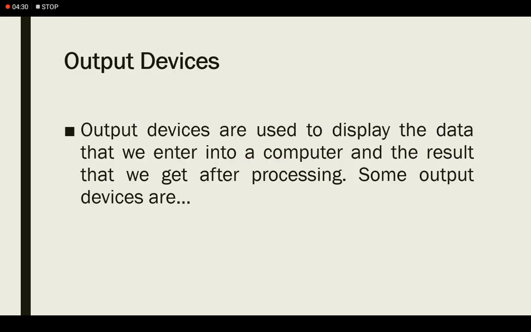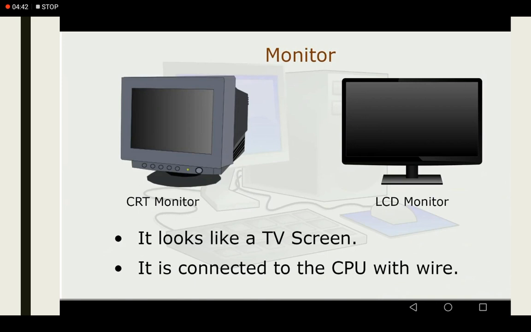Output devices are used to display the data that we enter into a computer and the result that we get after processing. Some output devices are the monitor. It looks like a TV screen. It is connected to the CPU with a wire. As you can see, we can see two types of monitor in this picture. The first one is a CRT monitor and the second one is an LCD monitor.